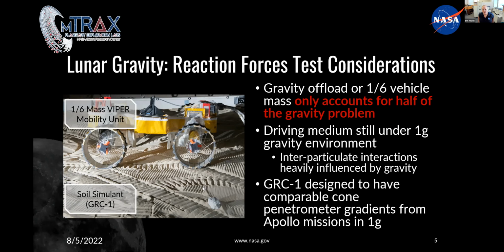It needs to be accounted for when you're analyzing your results. We just did this whole V&V campaign for VIPER in the GRC1 soil simulant, but the lab itself is still under Earth gravity, so we always keep that in the back of our minds.